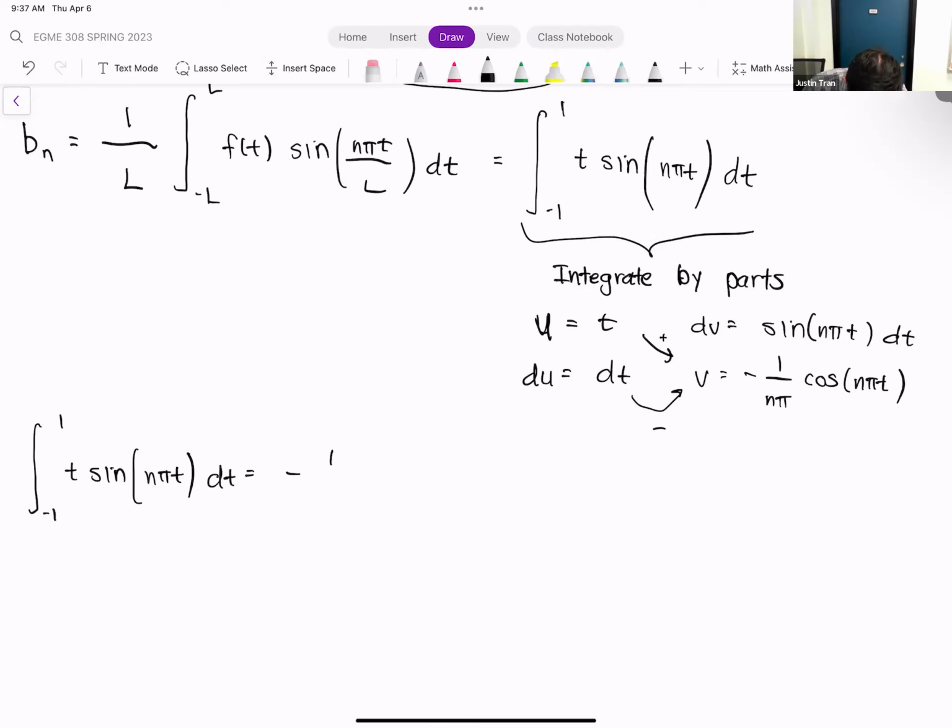is minus t over n pi cosine of n pi t, minus, so that's going to be a plus, plus 1 over n pi integral of cosine.